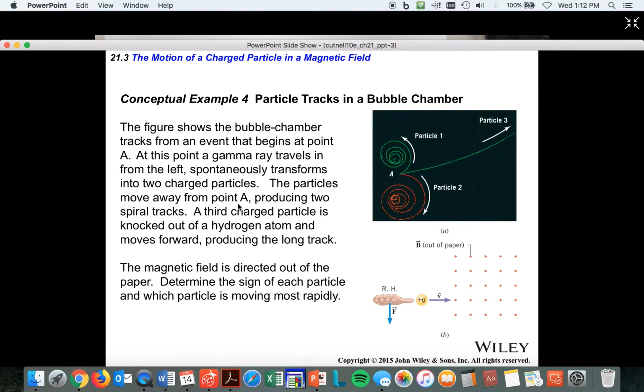These particles move away from point A, producing two spiral tracks. A third particle is knocked out of a hydrogen atom and moves forward, producing the long track. The magnetic field is directed out of the paper. Determine the sign of each particle and which particle is moving most rapidly.